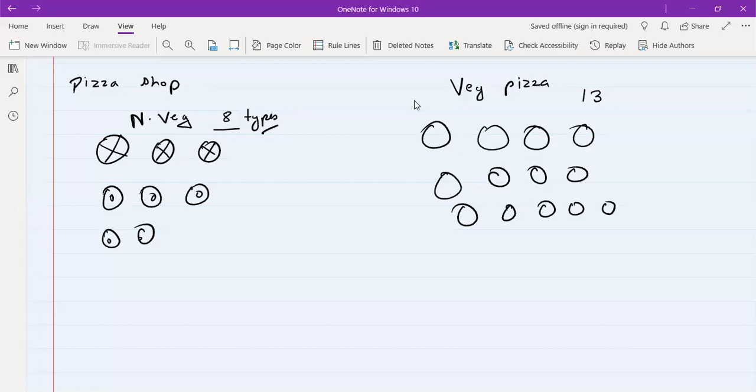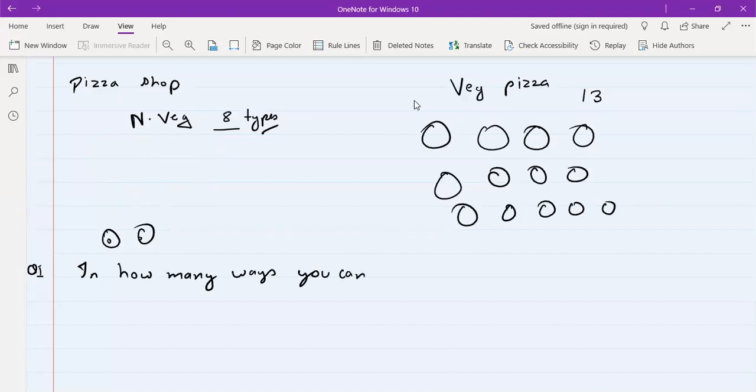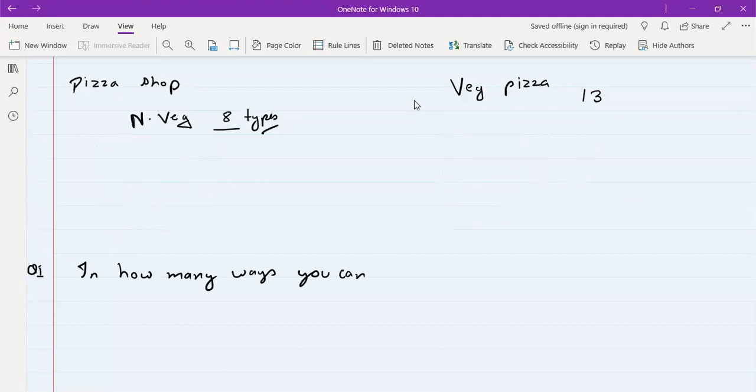Now think about it. If I ask you question one, in how many ways can you choose, let it be quite simple. Instead of having this many pizzas, let's have fewer options.